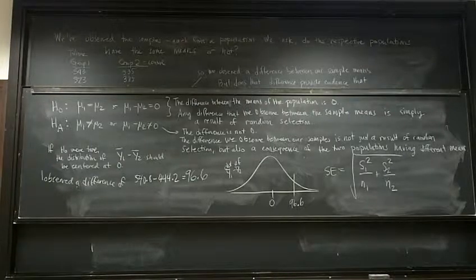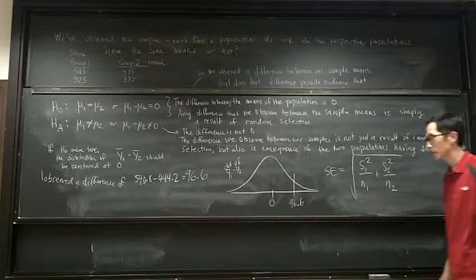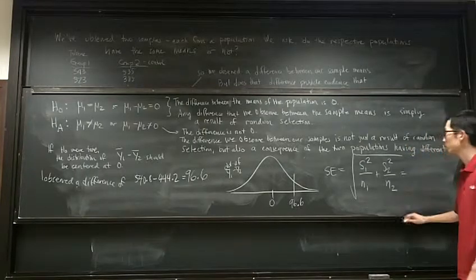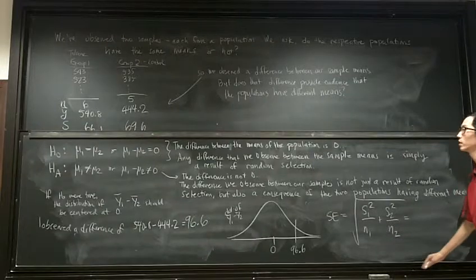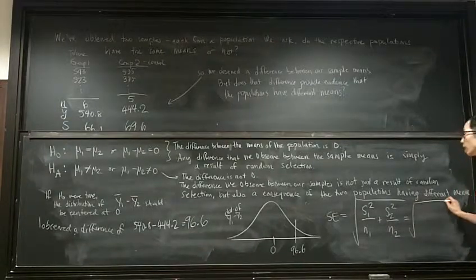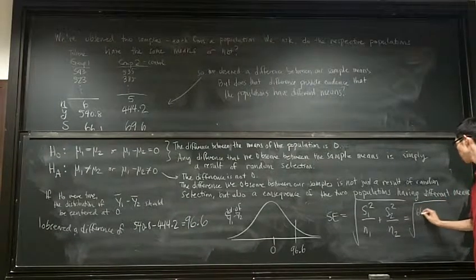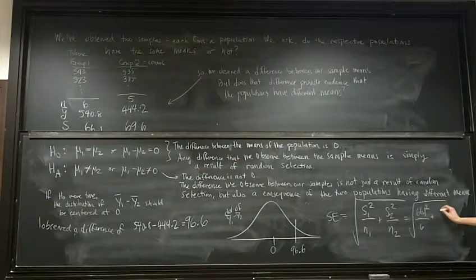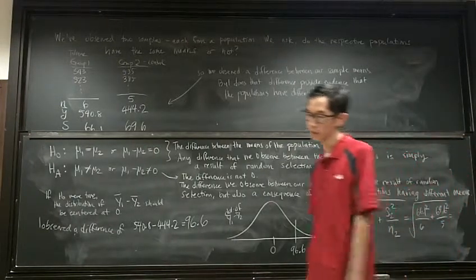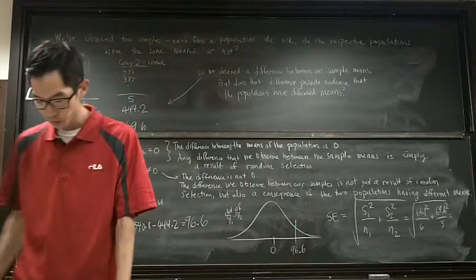Same type of thing. So plugging in the numbers that I have, 66.1 squared over 6 plus 69.6 squared over 5. And this gives me a standard error of 41.195.